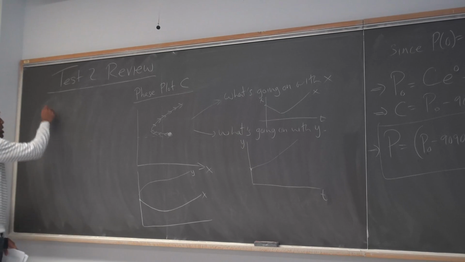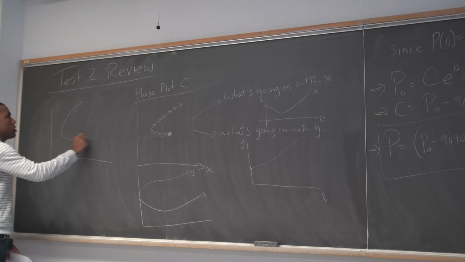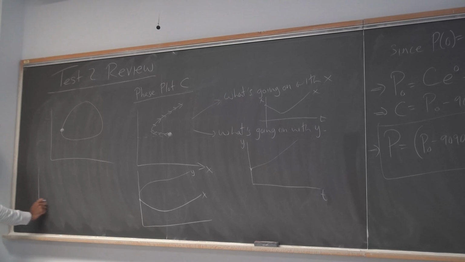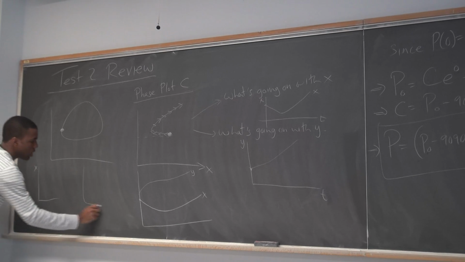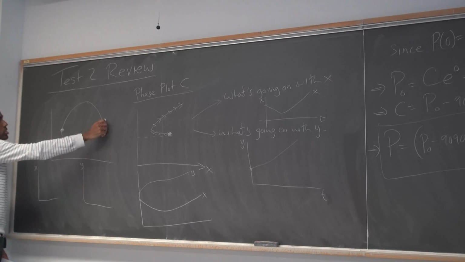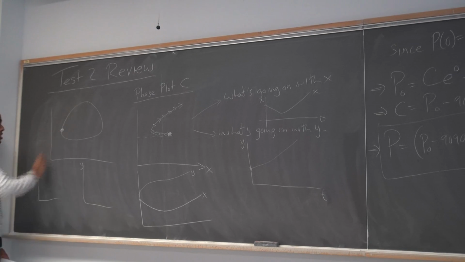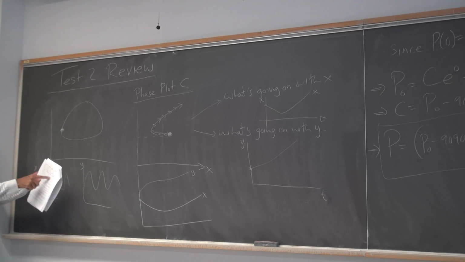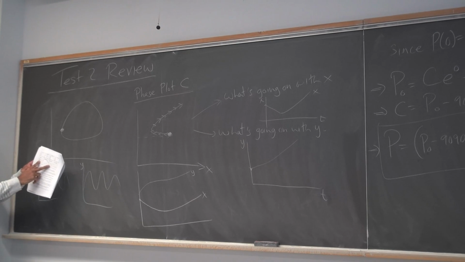If you have something like that circle, you figure out, what is the x doing? What is the y doing? What's happening with your x? Increase, then decrease, then increase, then decrease. Your x should be doing that. What's happening with the y? It's going up, then down, then up, then down, then up. So the y would be doing the same thing. So it's matching up with one of these. Now you figure out which one of these would the circle be.